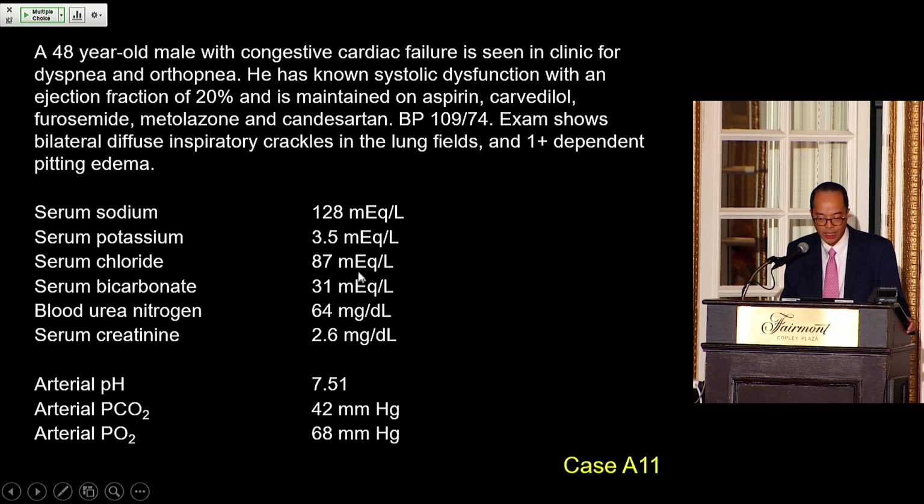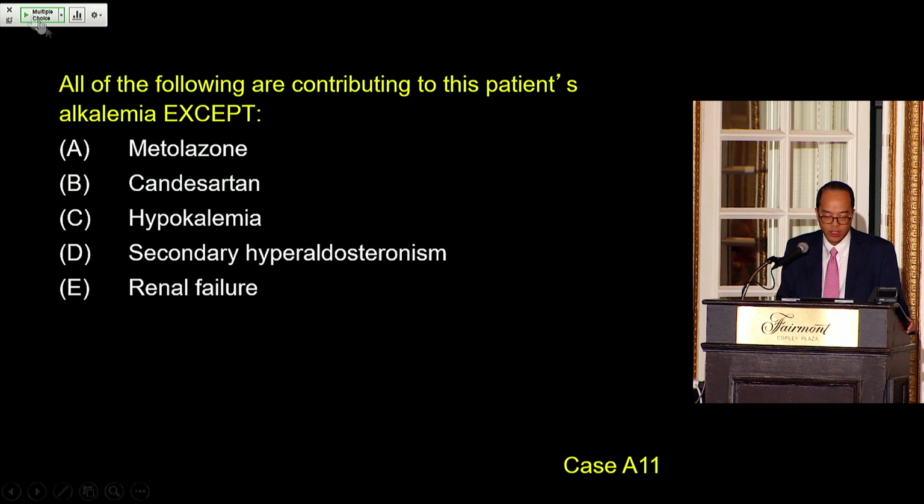And he has a K of 3.5, bicarb of 31, creatinine of 2.6, pH of 7.51, PCO2 of 42, and PO2 of 68. So, multifactorial. All of the following are contributing to this patient's alkalemia except metolazone, candesartan, hypokalemia, secondary hyperaldosteronism, renal failure.